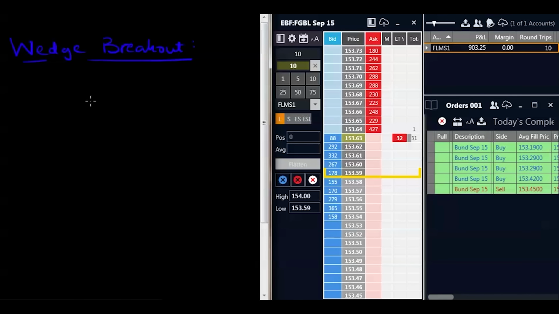So with regards to the actual pattern, the wedge is basically like any other pattern that we've talked about with regards to breakouts. So really what you're looking for is range contraction. And specifically, we're looking for the range contraction to take place where the market makes a lower high but also makes a higher low.